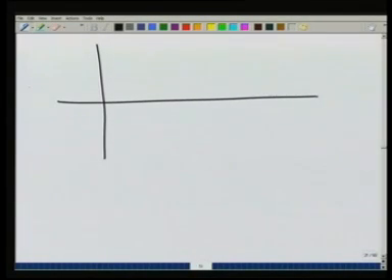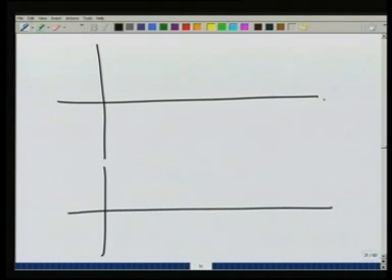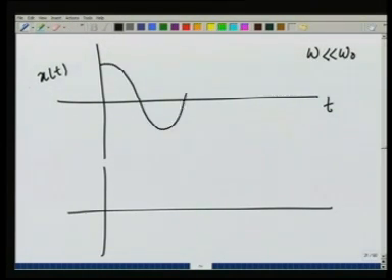So, let us see how the displacement and force are related to each other at different frequencies. This is time, x(t). Let us say this is omega much less than omega 0. The force is like this, and in this case the displacement will also be following roughly the same graph. I have not shown the amplitude correctly, only the relative phases.